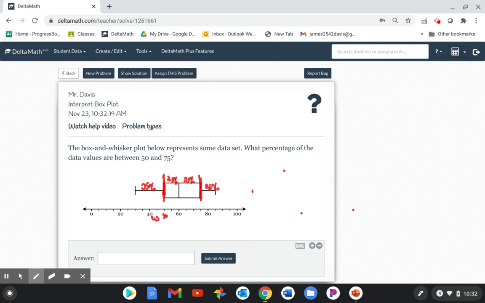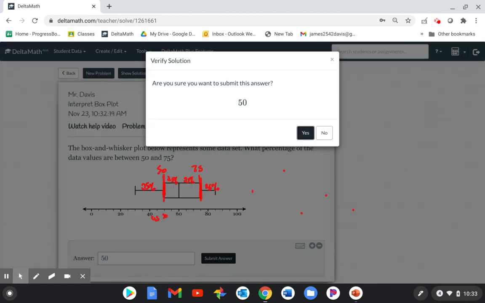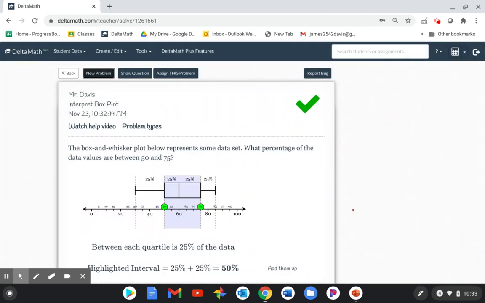So the percent between 50 and 75 would be a total of 50% of the data. Half of the data is between those. 50%. Right. And again, there's a good little graphic there. It shows it divided into sections of 25%. So that's the best way to think of it.